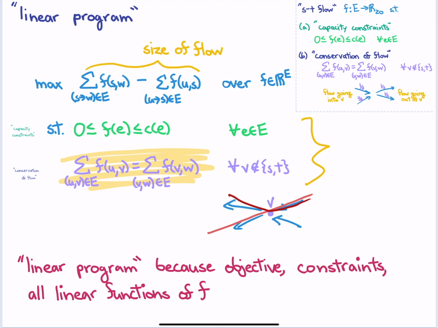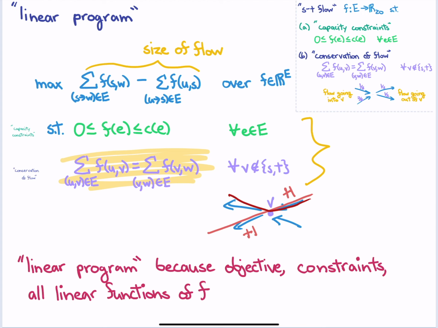But since the path starts at S and ends at T, it doesn't end at V or start at V. So it goes into V and it goes out of V. So if it adds +1 to the flow on one edge, it'll also add +1 to an edge leaving the vertex.